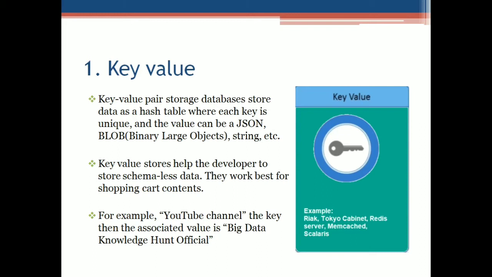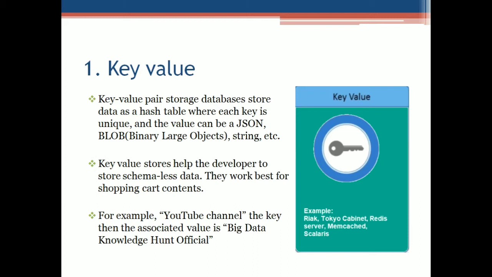These types of databases are generally used for shopping cart data or to store the databases of shopping portals or shopping websites. For example, if we take a YouTube channel as the key, then the associated value will be the name of our channel. Our channel name is Big Data Knowledge Hunt Official.